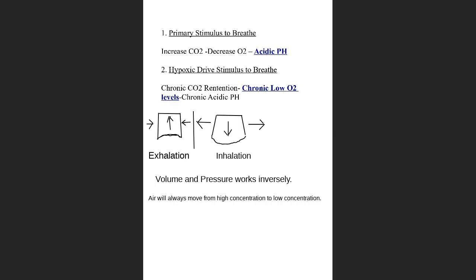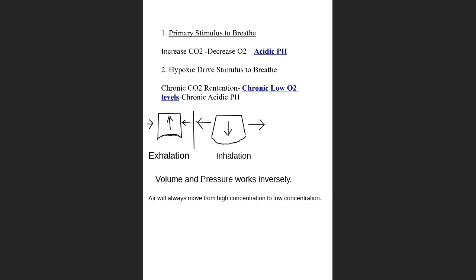The phrenic nerve originates between C3 and C5, that's cervical vertebrae 3 to 5, and below that, the intercostal nerves will branch out. So remember, phrenic nerve goes to the diaphragm, intercostal nerves go to the intercostal muscles.